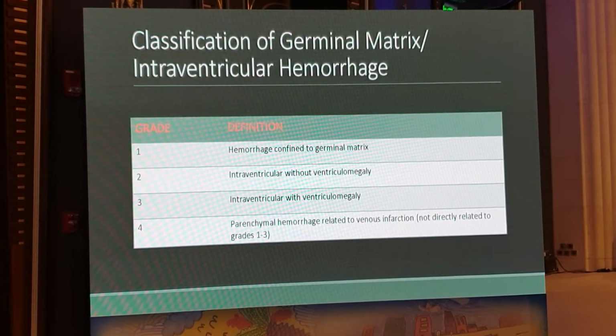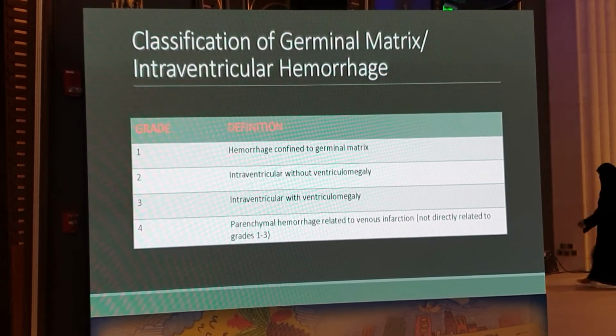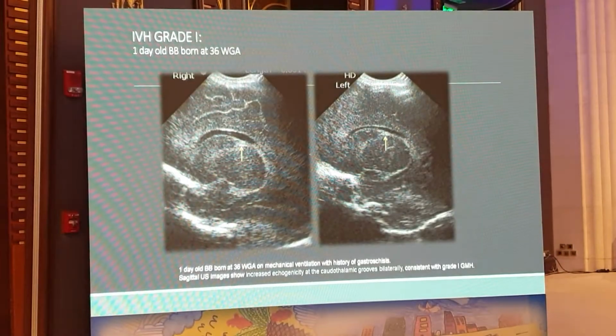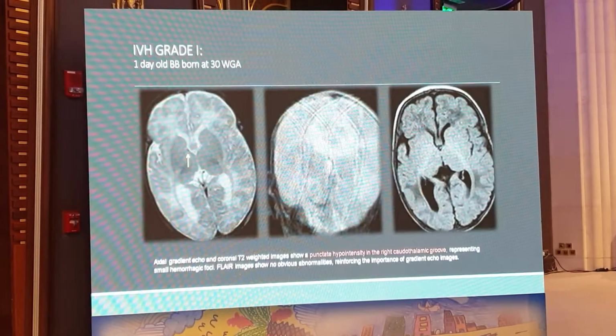However, it's actually related to venous infarction, but it's classified as grade 4. In this ultrasound, you can see an echogenic area at the caudothalamic groove. That's a grade 1 germinal matrix hemorrhage.